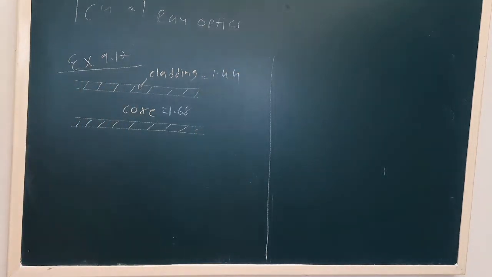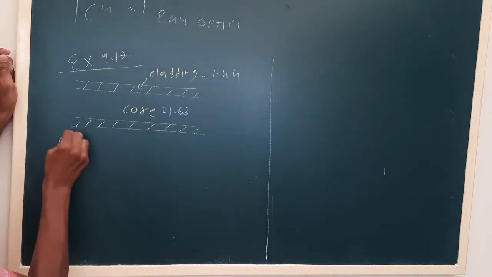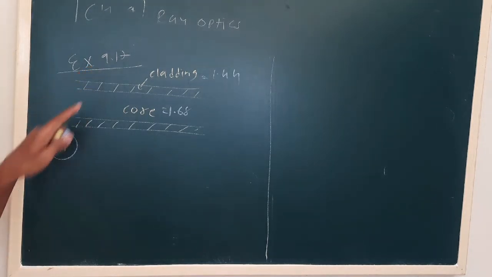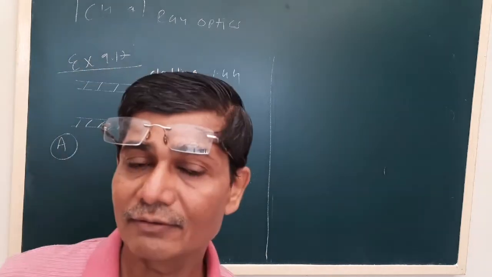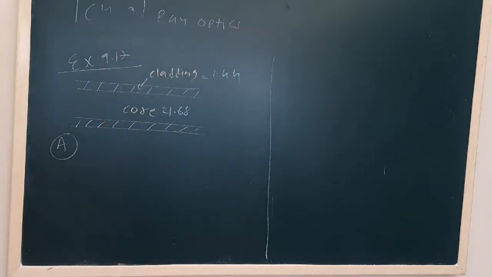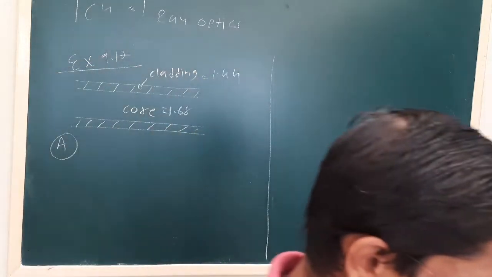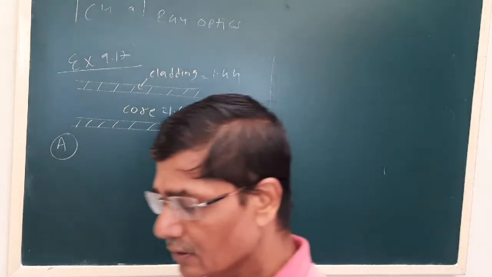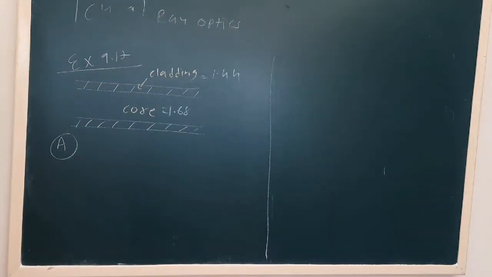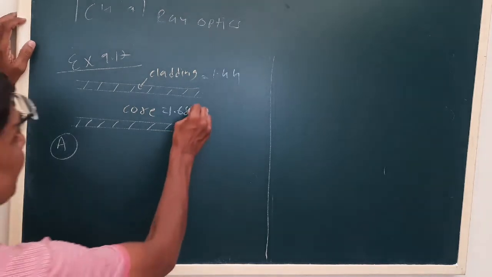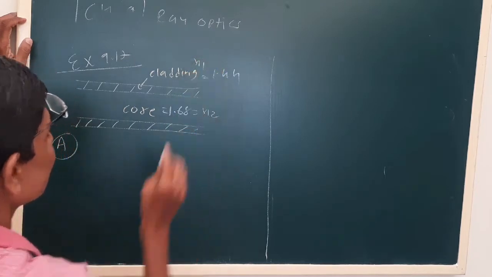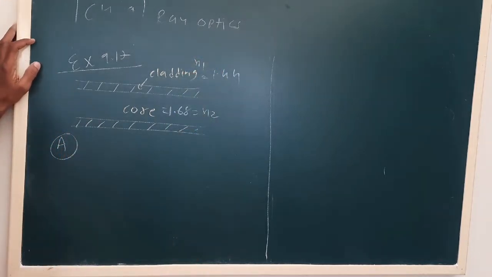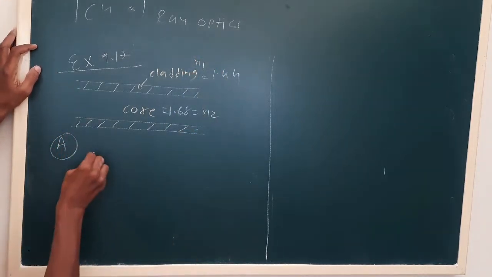Now there are two parts of the question. First, core and cladding are given. Secondly, only core is given, cladding is not given. We have to calculate the range of the angle of incidence for which total internal reflection will take place. Here this is our N2 and this is our N1. Now see the formula for critical angle.